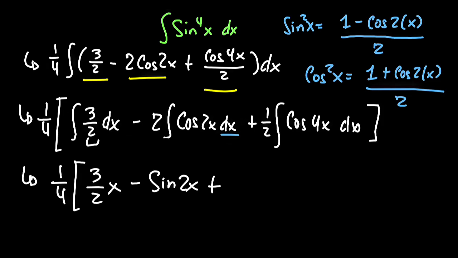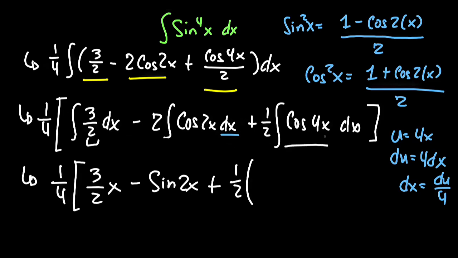Taking the integral of cosine of 4x, we have a variable here that is not single, so we would want to use u substitution again. So let u here again be 4x. Take the derivative, which is 4, and multiply it by dx. And isolating dx, we would have a value of du over 4. So by that, let us just put 1/2 in here first and multiply it by the integral of cosine 4x.